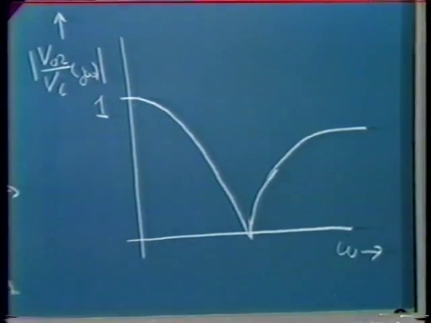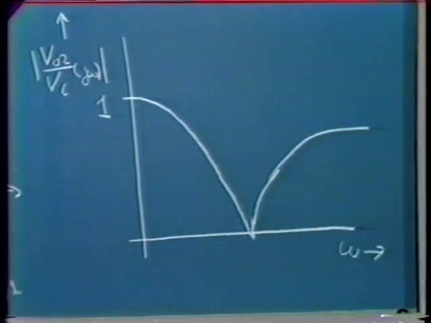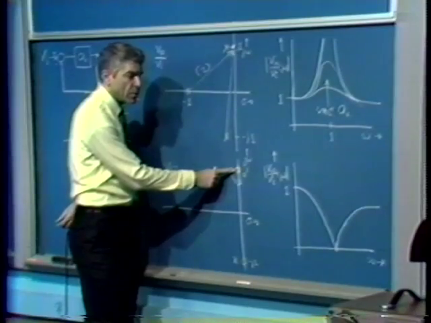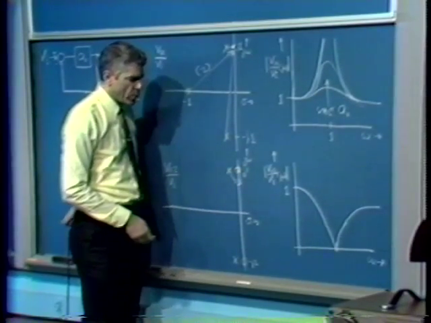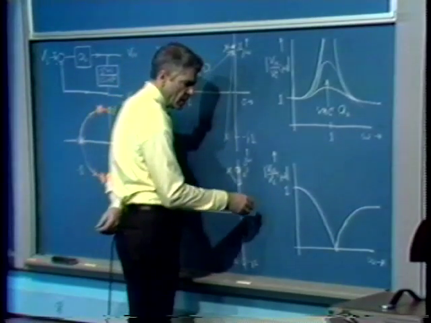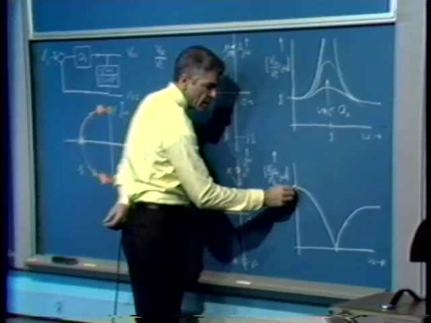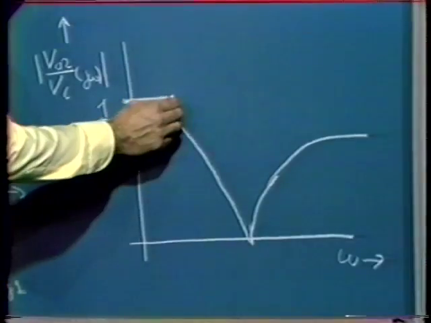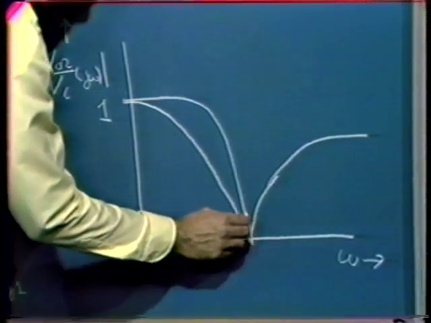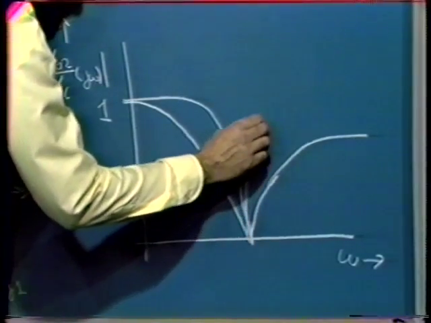And now, as we increase A naught and bring this pole closer to the 0, the range of frequencies over which the cancellation does not occur between the vector lengths gets narrower and narrower, and we get a much sharper null.